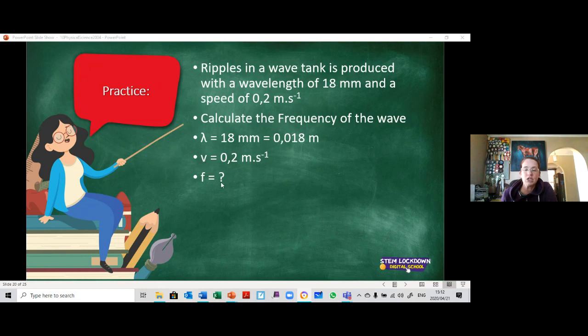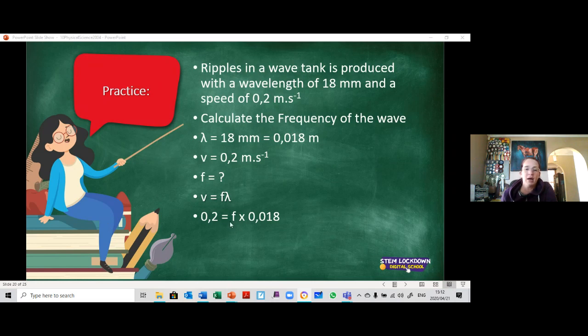Okay. So now I've got to figure out which formula I can use. So I'm going to use this formula. So I've got wave speed equals frequency, which is what I'm looking for, times lambda, the wavelength. Right. Now I take my variables and I substitute. So that is my substitution.